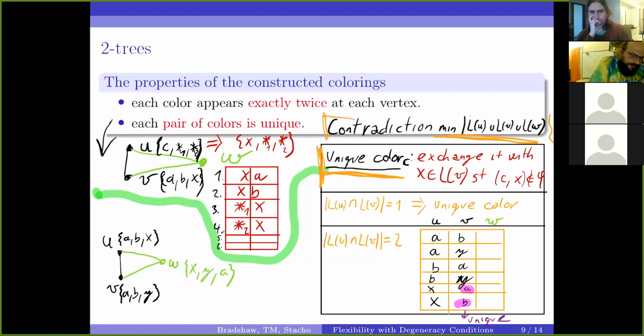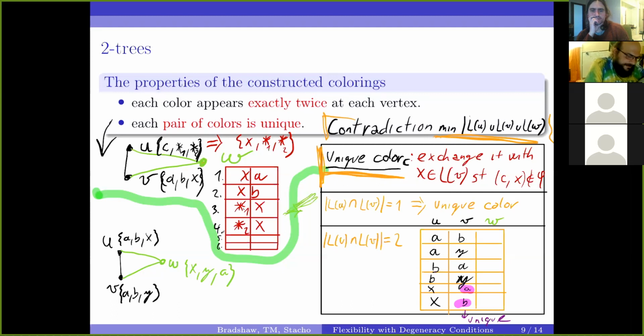So in particular, on this first column, those *1, *2 are not X. It looks easy. So those *1, *2 are not X, and that justifies that we can do this swap with the unique color, and we still satisfy the assumption, so we can finish coloring of W, and it's only easier.